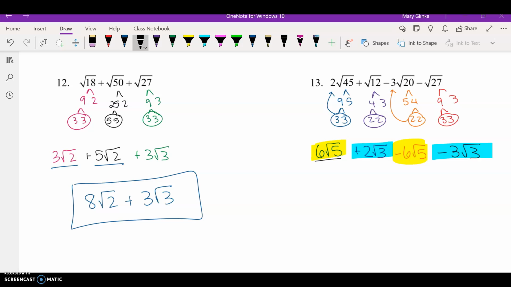So when we do 6 root 5 minus 6 root 5, those undo each other. 6 minus 6 is 0, so they cancel each other out. It's like saying 3x minus 3x. Those would undo each other. So then we have 2 root 3 minus 3 root 3. So 2 minus 3 is negative 1 root 3 or negative root 3.